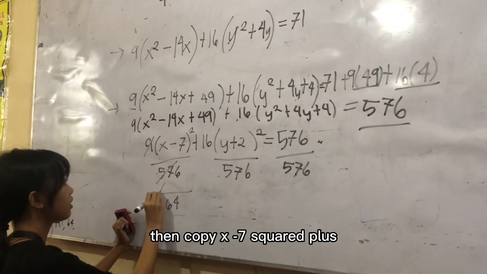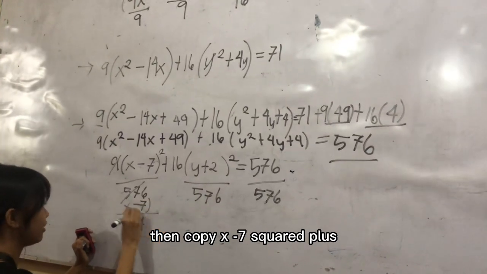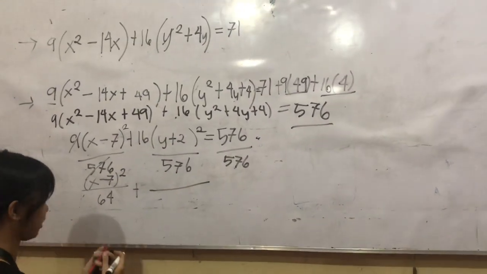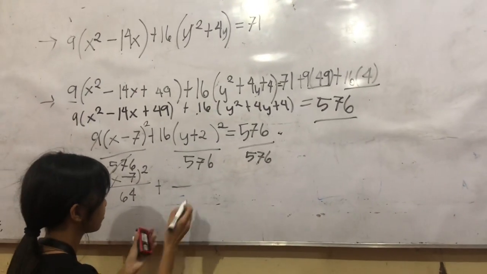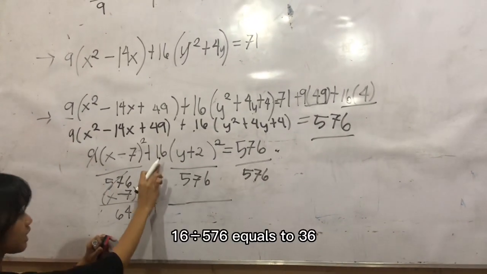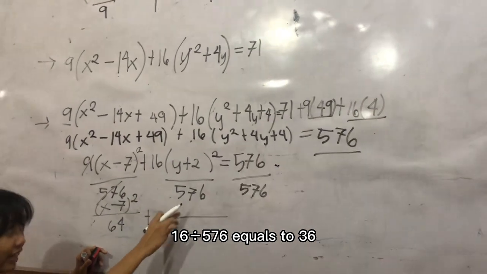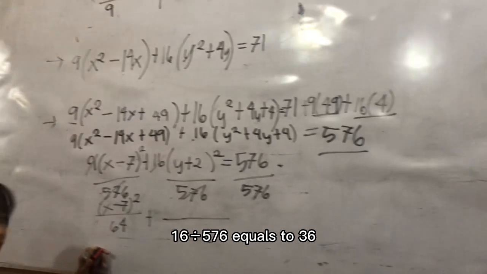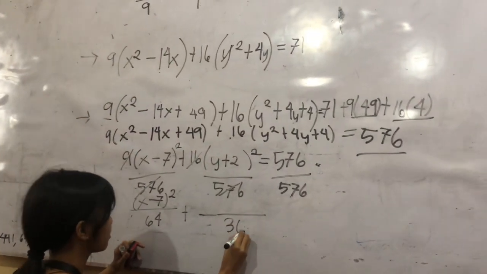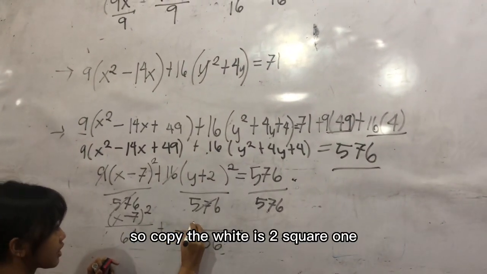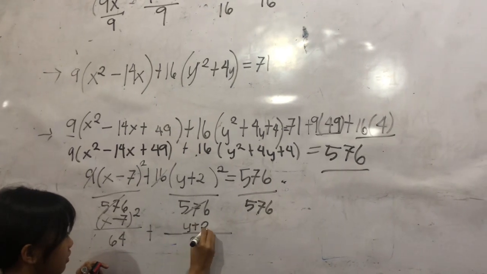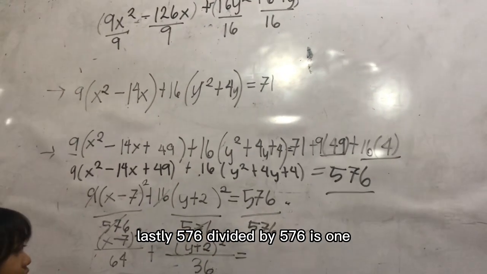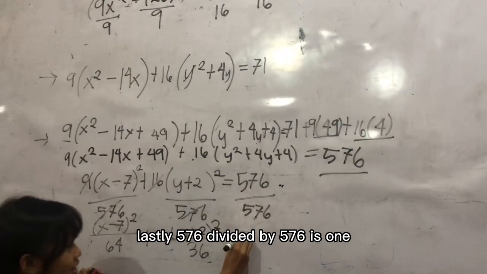Then copy x minus 7 squared plus 16 divided by 576 is equal to 36. So copy the y plus 2 squared. Lastly, 576 divided by 576 is 1.